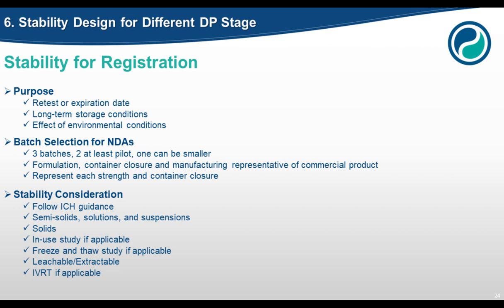We need at least 2 pilot batches and 1 smaller batch, totally 3 batches for NDA submission. So the formulations, packaging configurations and manufacturing process should be similar and representative of the commercial product. And the batches we select for the stability study should represent each individual strength and each individual packaging configuration.